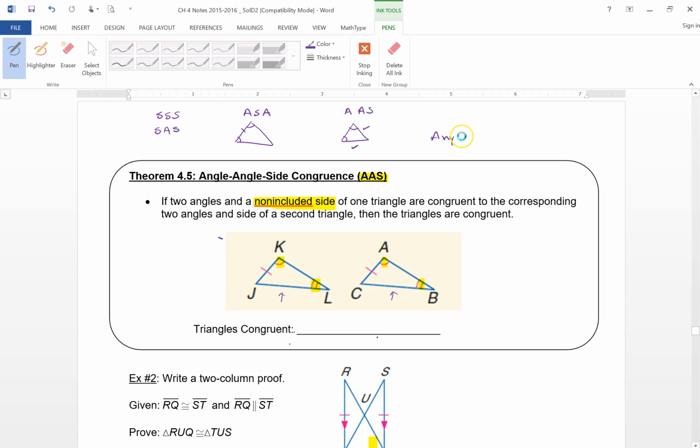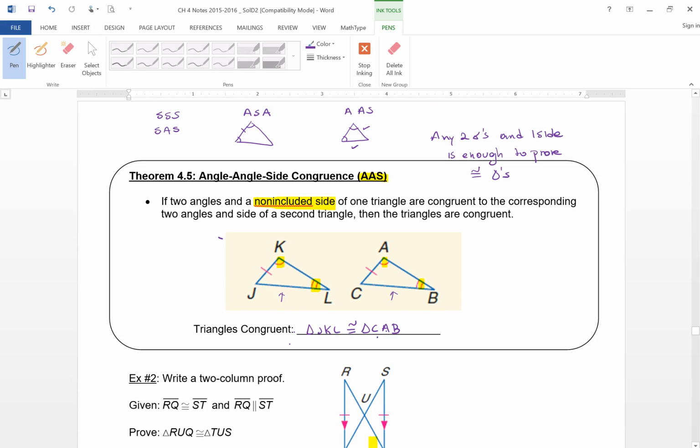Any two angles and one side is enough to prove congruent triangles. Alright, so in this case here, the two triangles that are congruent are triangle JKL and which one? Triangle CAB.